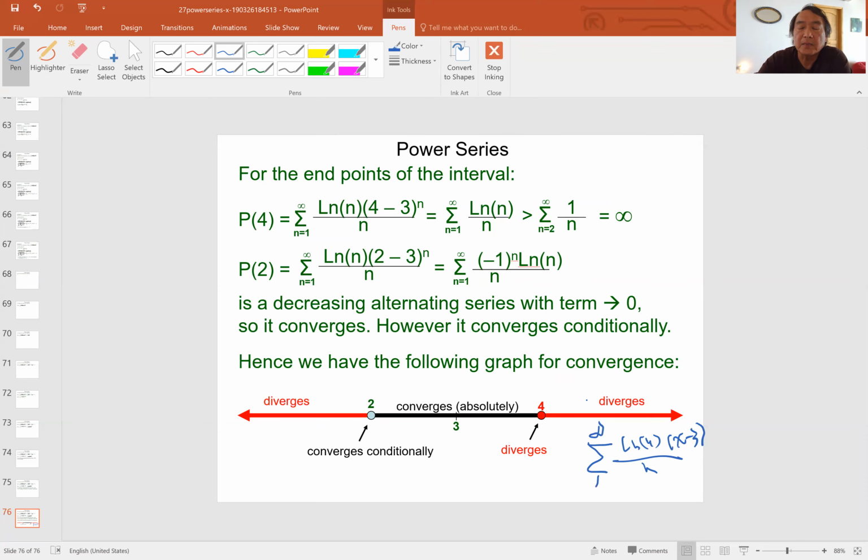In particular, if I plug in a number bigger than 4, it diverges. But if I pick a number between 2 and 4, it converges. And at the boundary points 4 and 2, the behaviors are divergence and conditional convergence. Okay, so that's it.